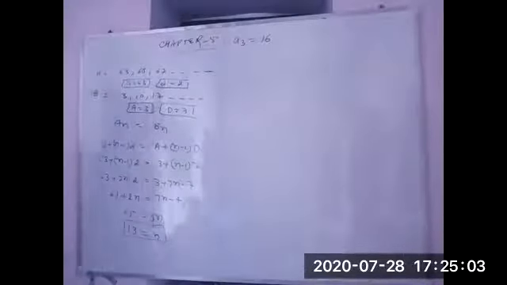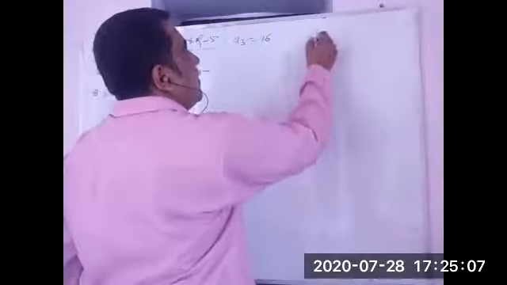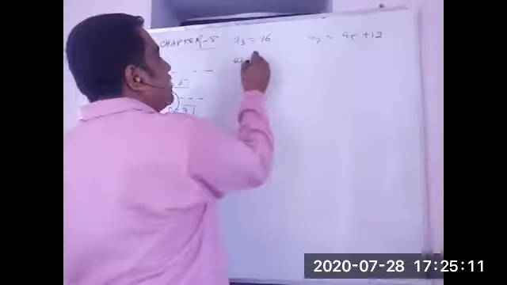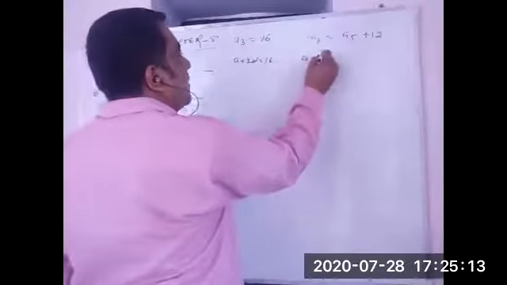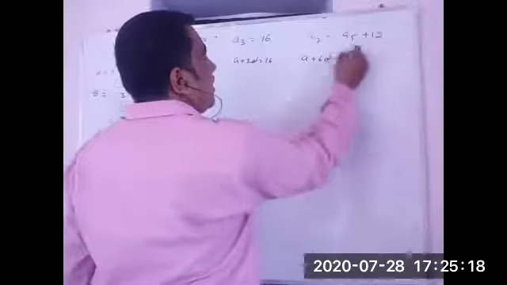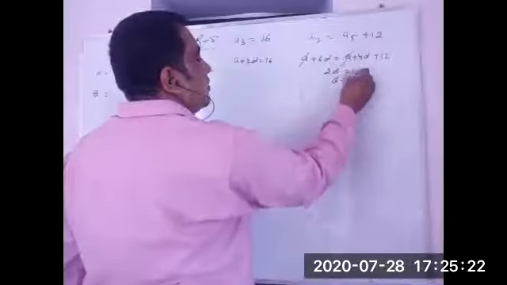So now we are taking A7 will be equal to A5 plus 12. A plus 2D equal to 16. A plus 6D equal to A plus 4D plus 12. A cancels with A, 2D equal to 12 and D equal to 6.